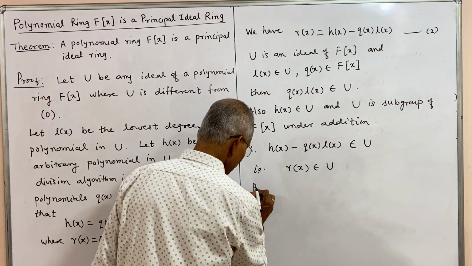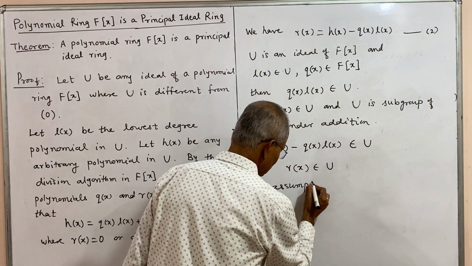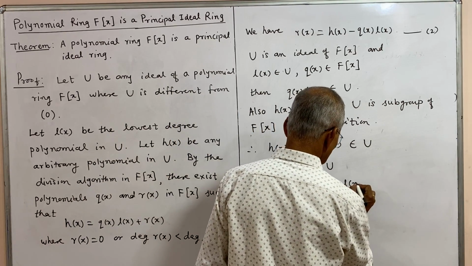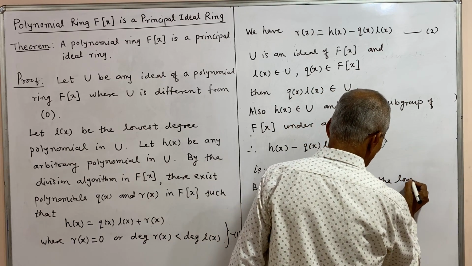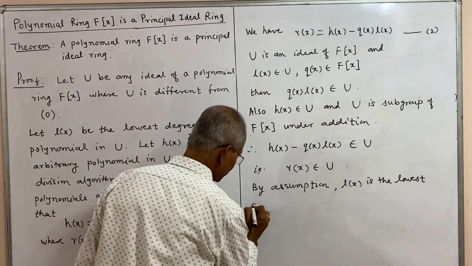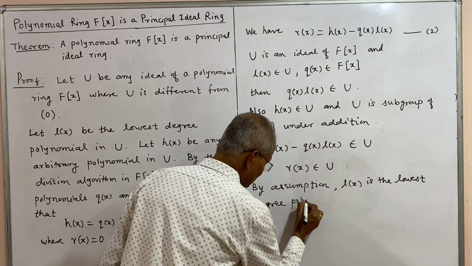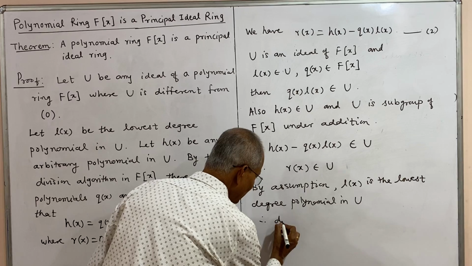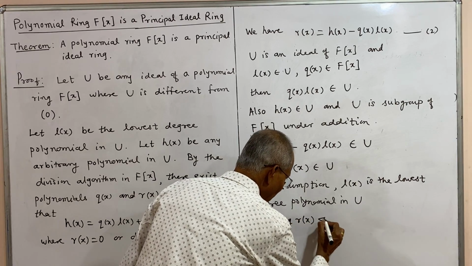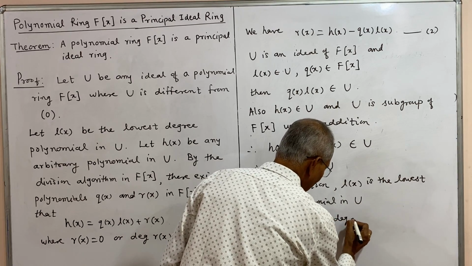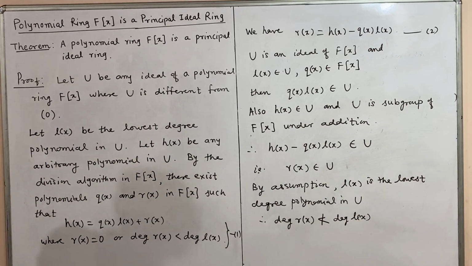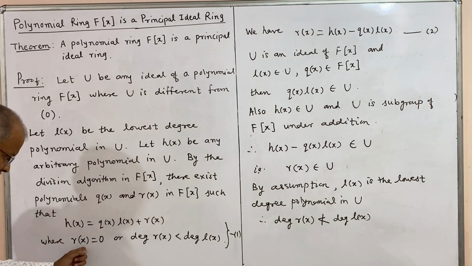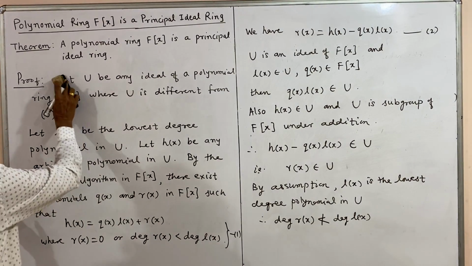Thus this possibility is discarded, is not possible, and therefore we must have R of x equal to 0.